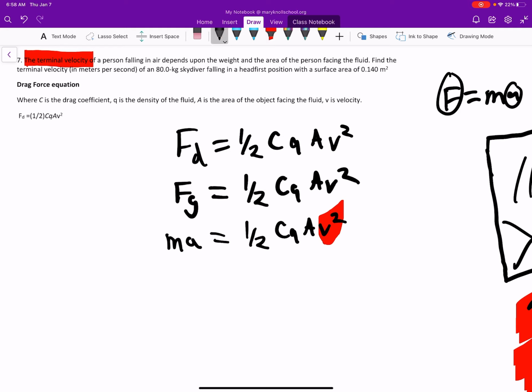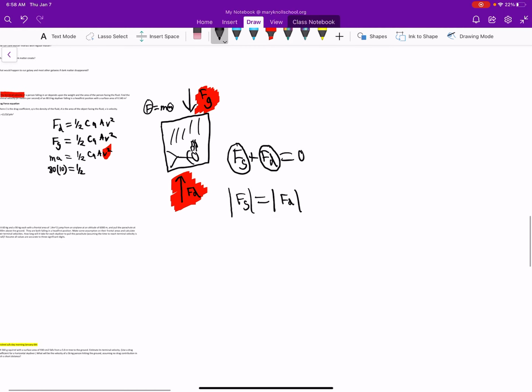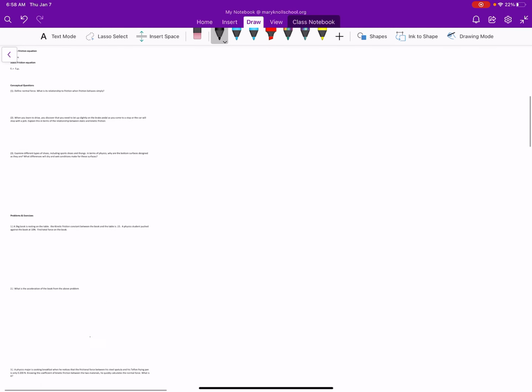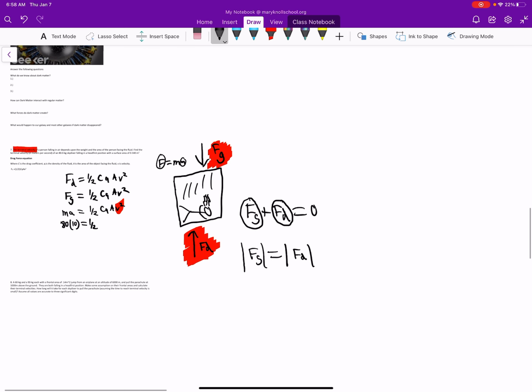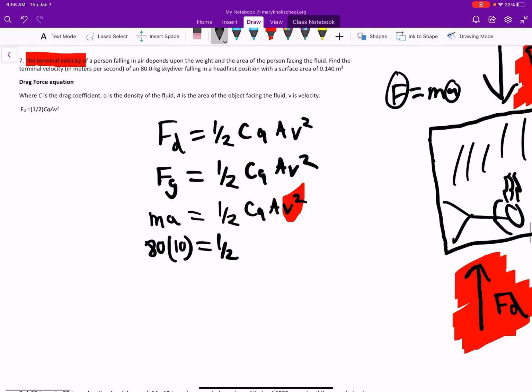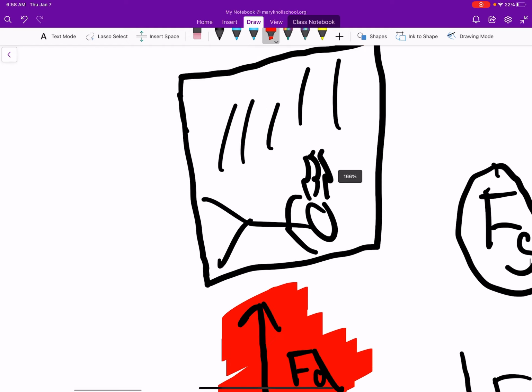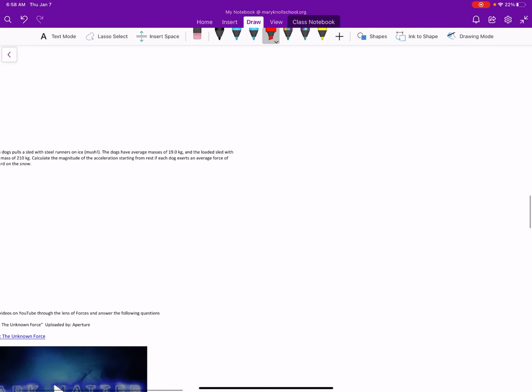So the mass, it says 80. It's given to us in the problem. Acceleration due to gravity is 10 meters per second squared. That's a 1/2. Now we're looking at the C, where C is the drag coefficient. Now we got to look that up. And it says falling head first. So it's not this situation, it's a head first situation.